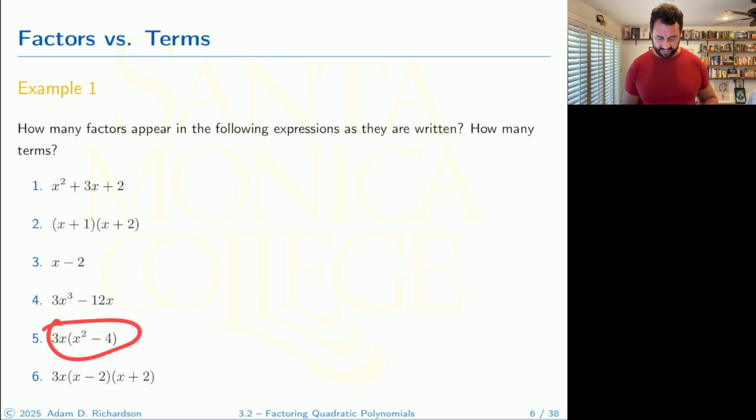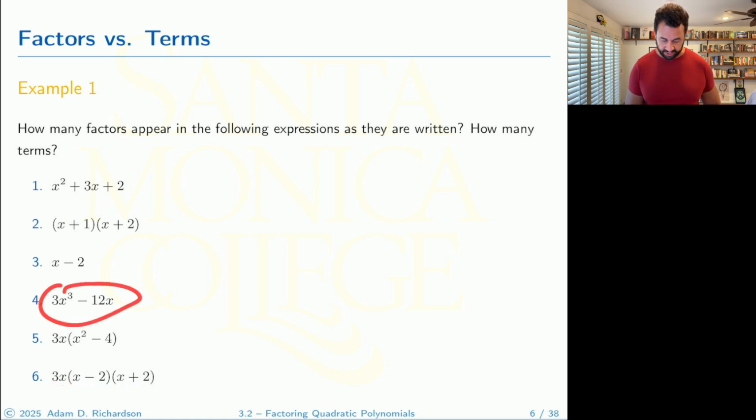But this is not, quote, fully factored. We could factor this expression even more over the integers, meaning using only integers, because we've got a difference of squares here. We're going to talk about those in a minute, but we can factor this as x minus 2 times x plus 2. So now we have one, two, three, four factors.